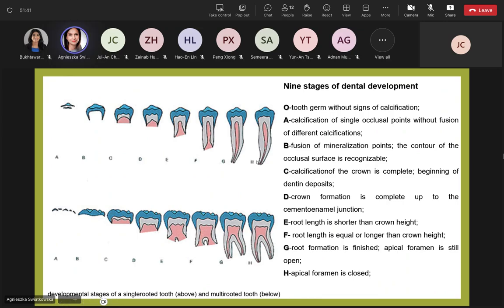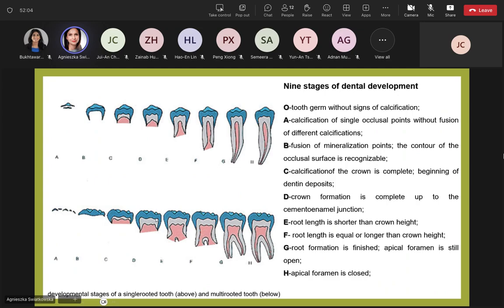Stage G and H. Here, the apex is closed. Here, we observe almost complete formation of the root, but it is still open. Apical foramen is still open.